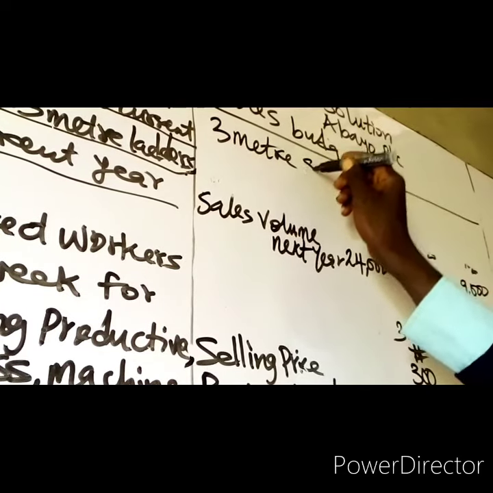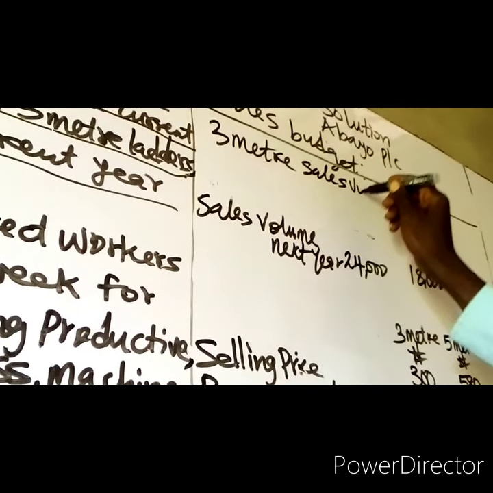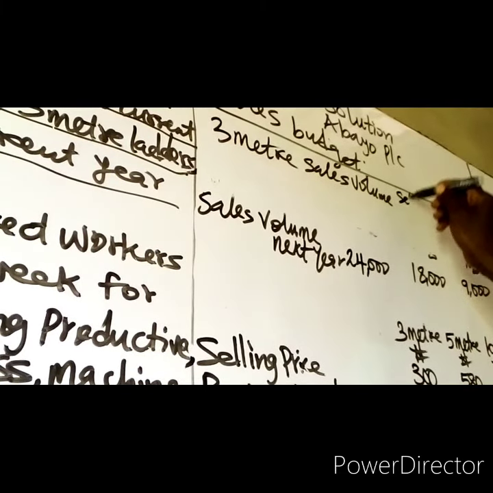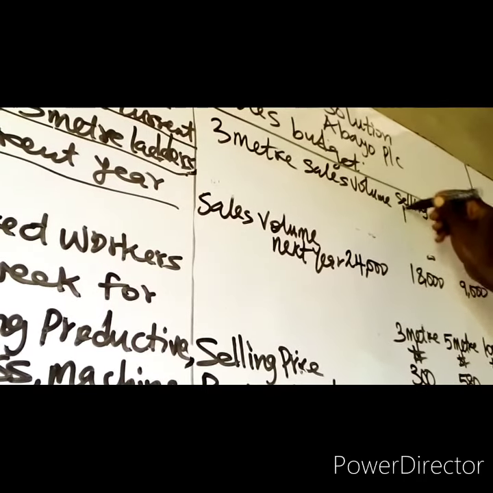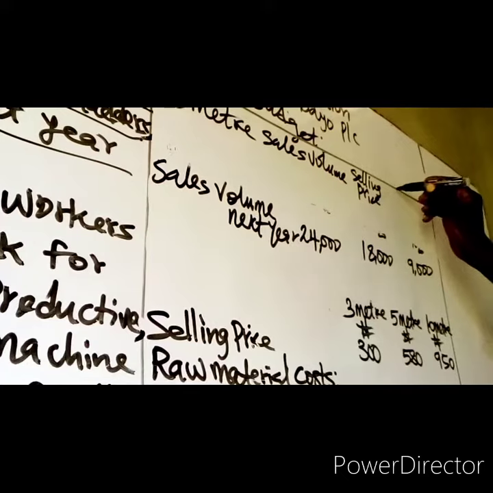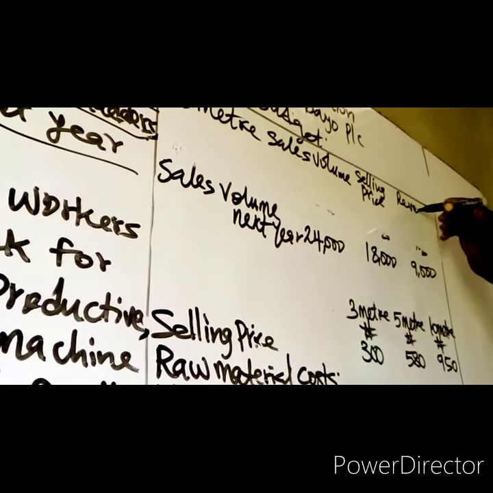You have sales volume. You have selling price. You have the sales revenue, the budgeted sales revenue.